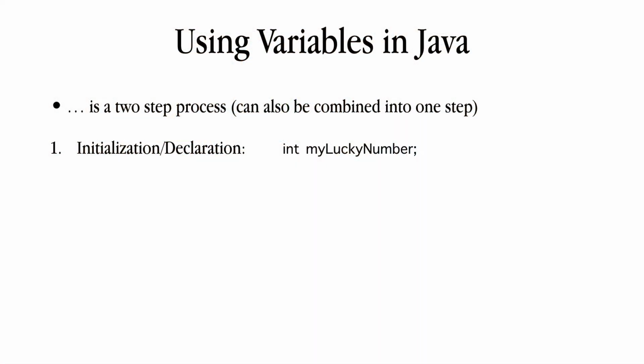When we want to use a variable, we have to go through two hoops. But basically, when we really use variables, we just combine them into one step. The first step would be to initialize or to declare that variable. The purpose of that is basically we tell the computer beforehand, listen buddy, you've got to reserve a certain amount of space where we are going to later on put some piece of data.